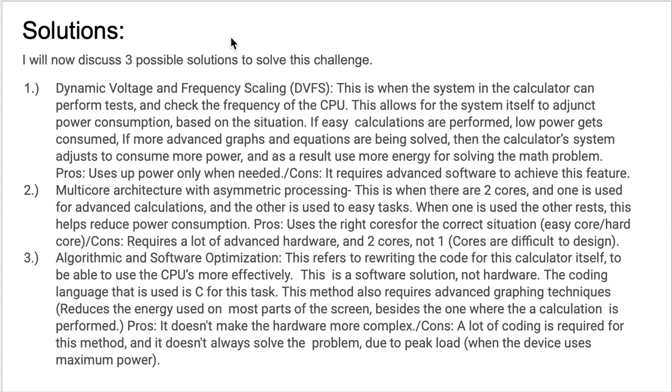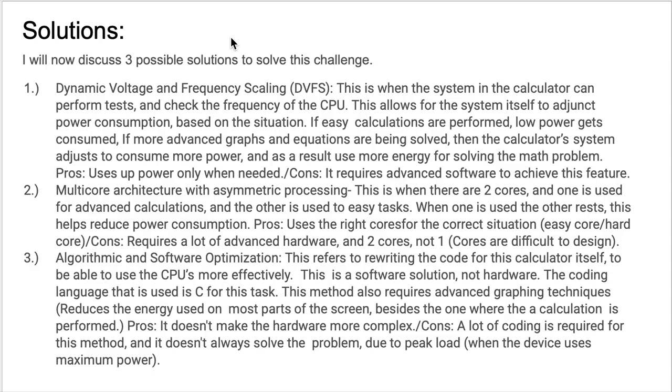Okay, so here I'll discuss three possible solutions. The first one is DVFS, dynamic voltage and frequency scaling. That's when the calculator has a special software in it that can adjust the frequency of the CPU.